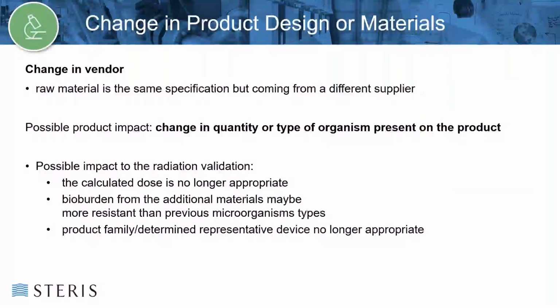Manufacturer may also experience a change in vendor. Raw material, this would be where raw materials are the same specification, but they are coming from a different supplier. Possible product impact changes could be the change to bioburden types and quantities present on the product, which could impact the radiation validation in that the calculated dose may no longer be appropriate.